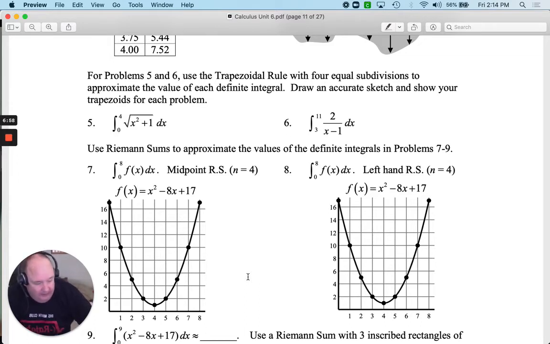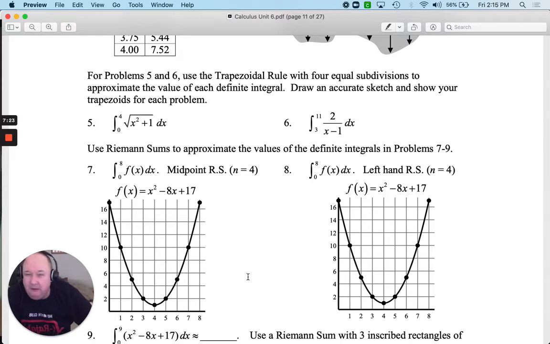So if I'm going to estimate from 0 to 4 the square root of x squared plus 1 dx, the formula starts with 1/2, and then the width of each trapezoid is 1, and then the heights. So I'm counting by ones for my bases. I start with 0, so plug 0 in, and you get the square root of 1.